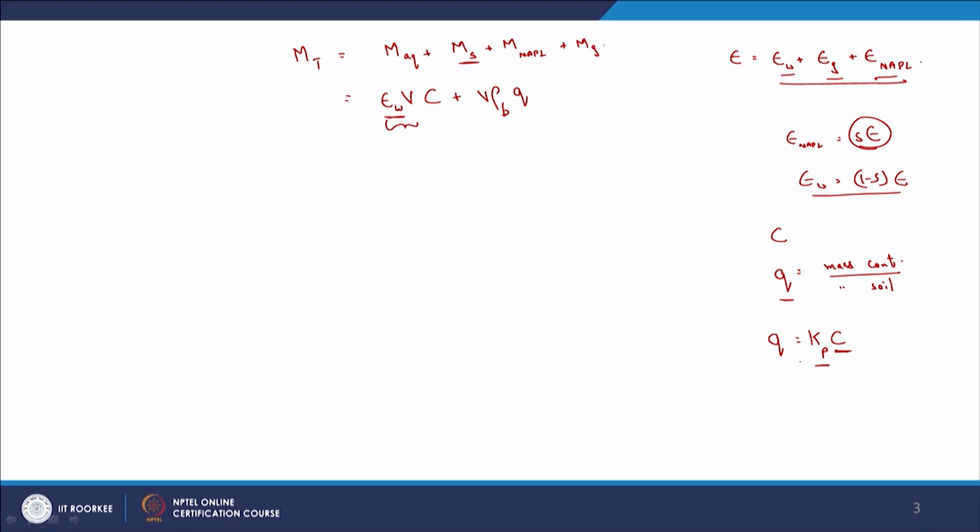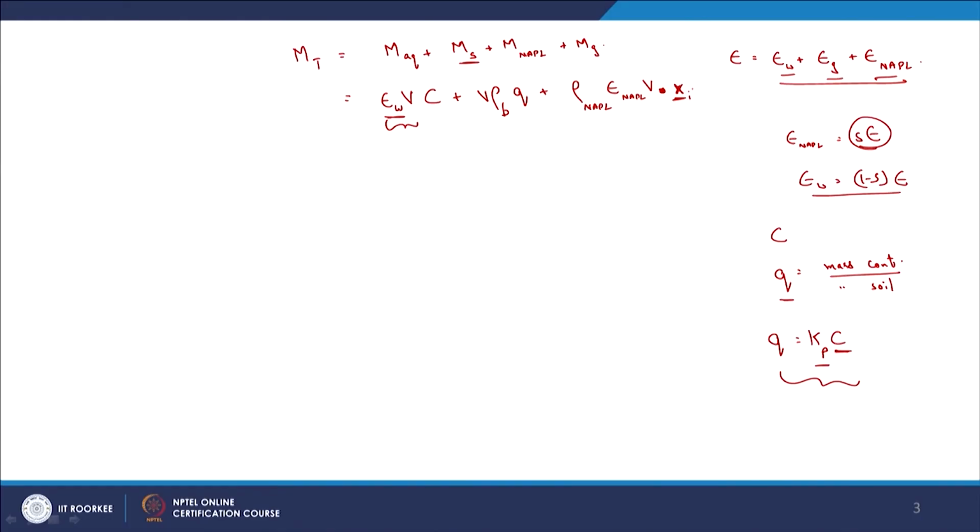Again we can come back to that, and for NAPL, I think we again have the density of NAPL, right, again the volume occupied by NAPL, times the mole fraction, right. Obviously, if it is a pure NAPL, the mole fraction is going to be equal to 1, right.